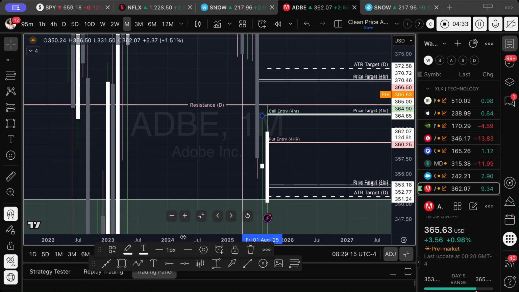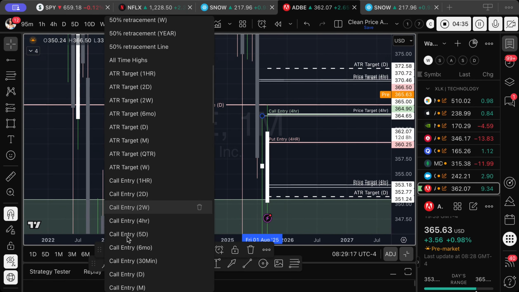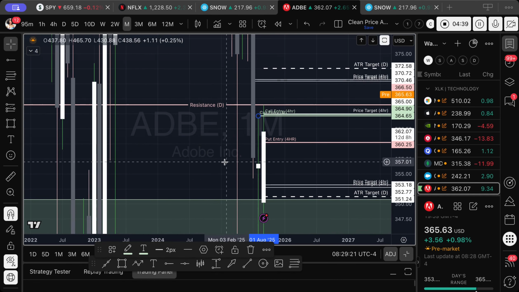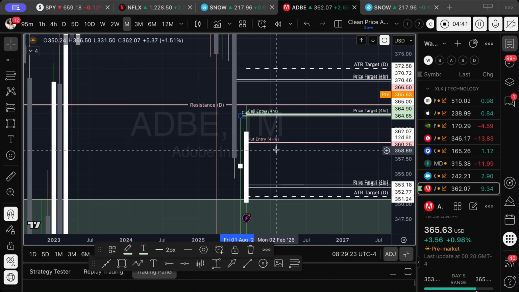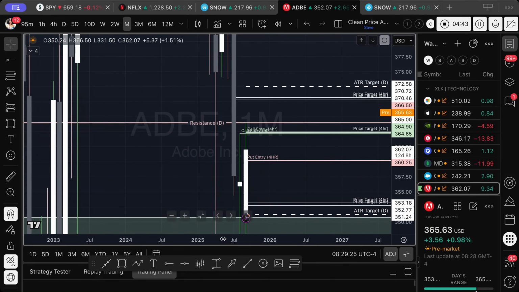So we are already above our monthly trigger, which is pretty great because it's going to give us more time to actually be in the trade. So we're above that monthly trigger. Now let's figure out what our magnitude is for the higher time frame. Okay.